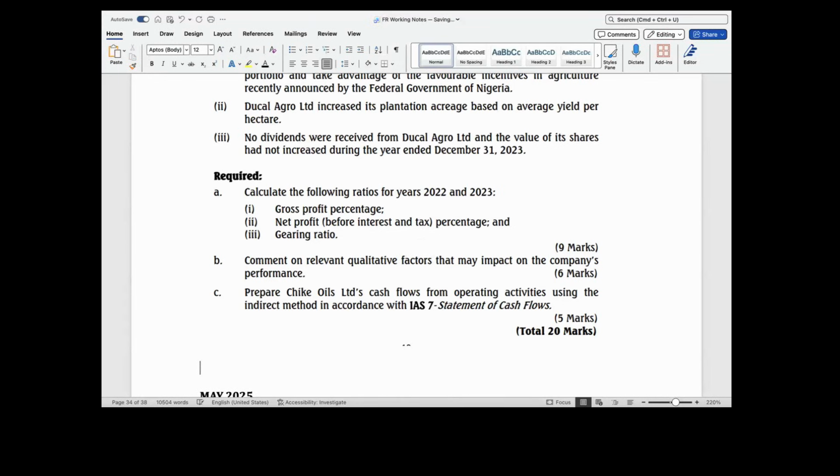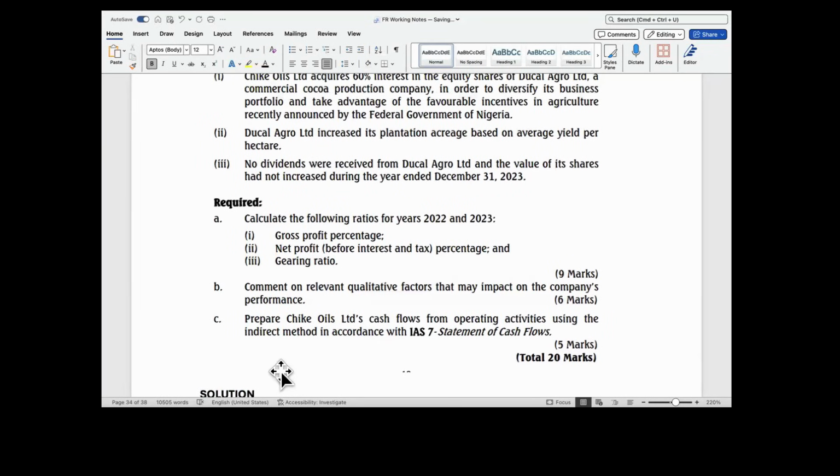Okay, so let's try and solve this together using what we have learned so far. So let's look closely at the requirements again. The examiner says that calculate the following ratios for the year 2022 and 2023: gross profit percentage, net profit percentage, gearing ratio, and for 9 marks.